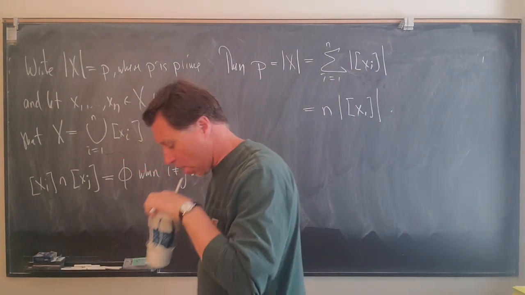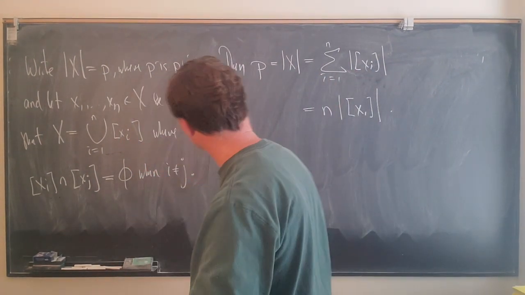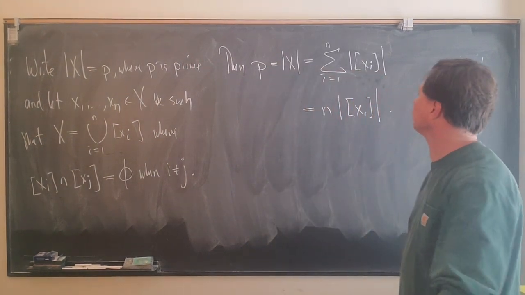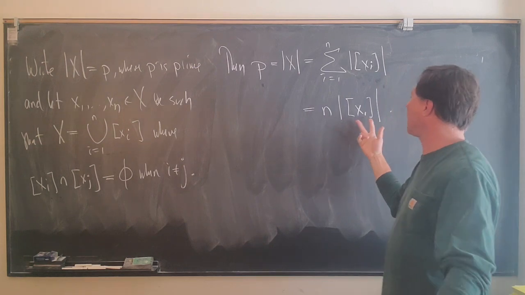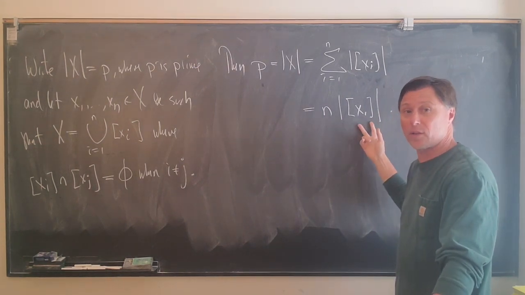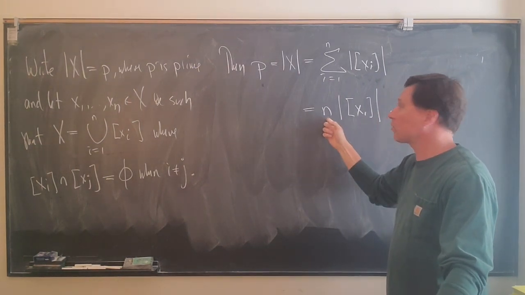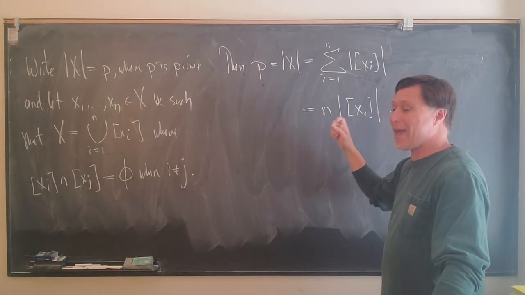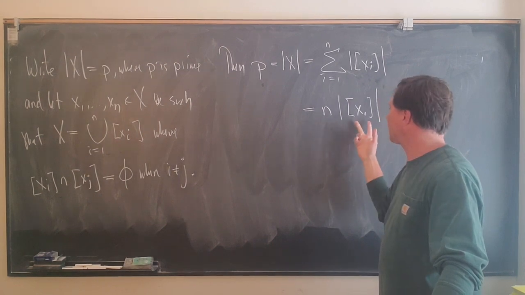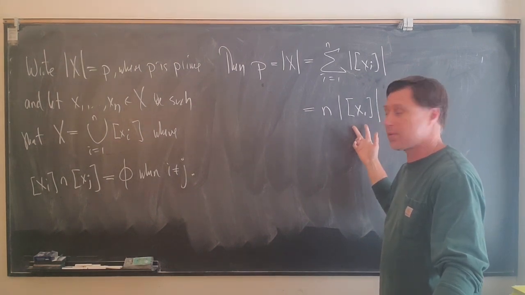Now, we know that p is prime. We know that the cardinality of this equivalence class is greater than 1, which forces, because p doesn't have any factors other than p and 1 itself, n to be equal to 1, and that then tells us that this number right here has to be p.